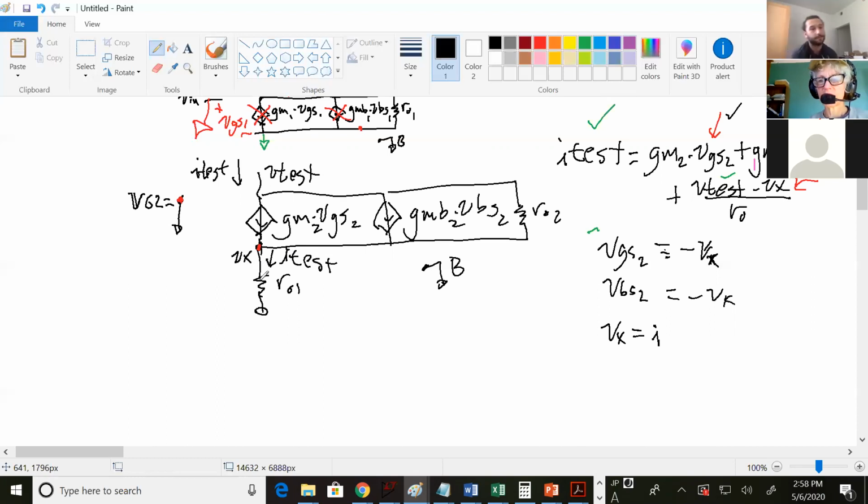So my pen stopped working. Okay, let's try the mouse. I test. Oh, this is too slow. There we go. I test times RO1, which means VGS2 is negative I test RO1.